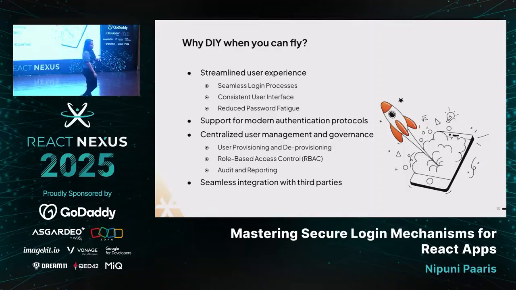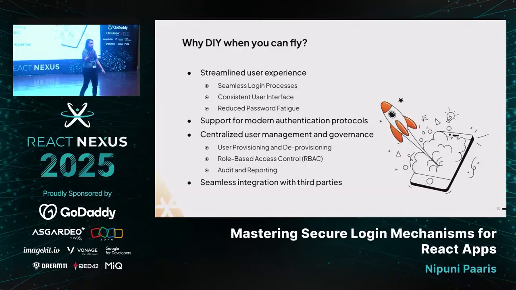And then you get centralized user management and governance. So application management, user management, roles, groups, whether you want to provision a set of customers into the user base or the identity platform, or you want to decommission or deprovision them, it will already be taken care of for you, so you don't have to worry about that.